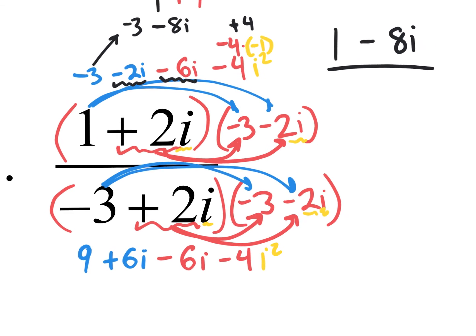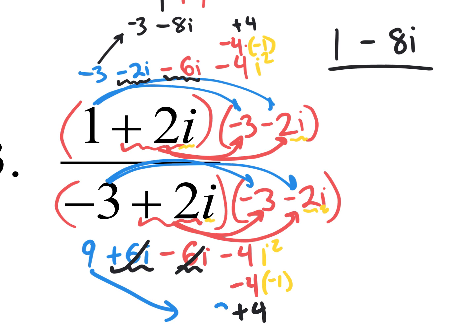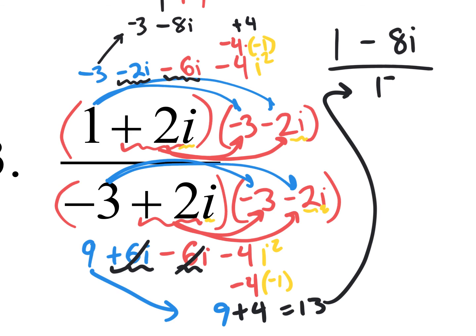And we need to remember that i squared is really a negative 1. So I really have negative 4 times negative 1, which does give me, what you said, plus 4. We end up with the middle terms canceling out, and with this 9 just coming down in the front, 9 plus 4 is 13. This is the denominator of our fraction, 13.